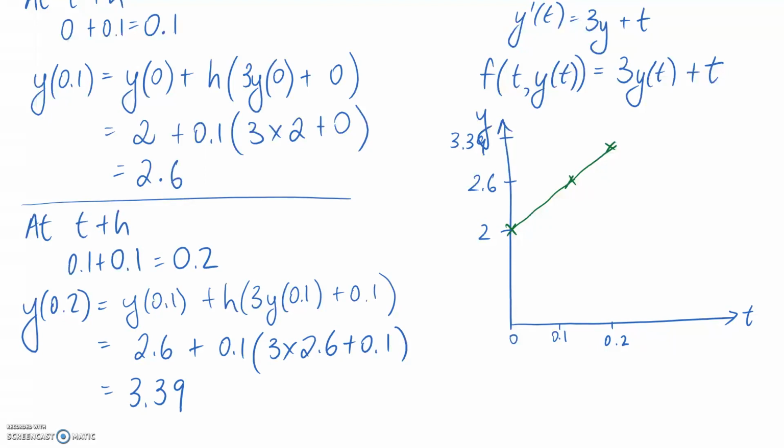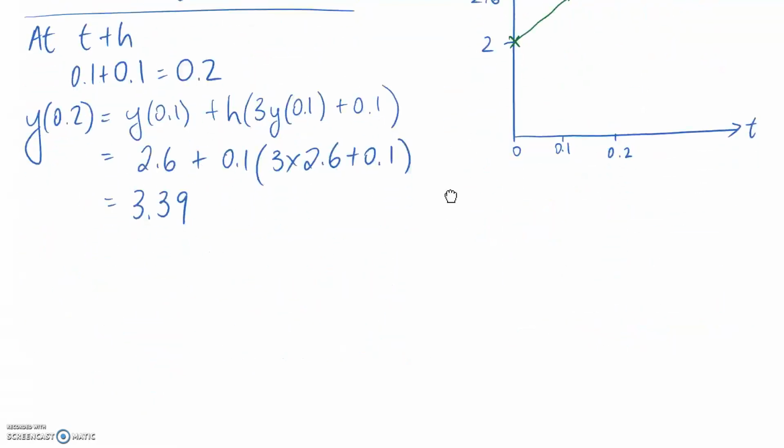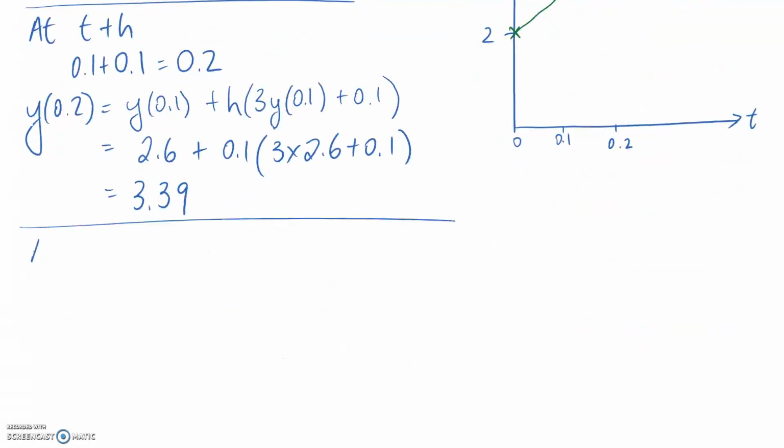We're trying to get to 0.3, so we need to go through one more round of this. At the next time point, we need to add on an h value. So 0.2 plus the 0.1 is taking us up to 0.3.